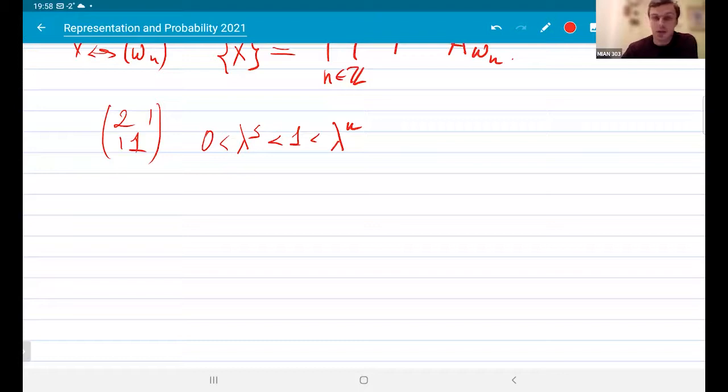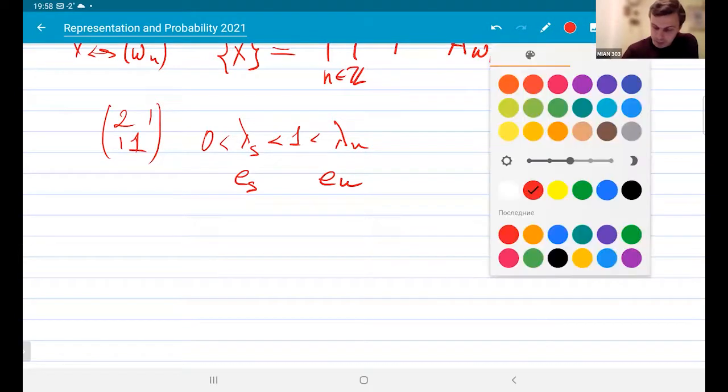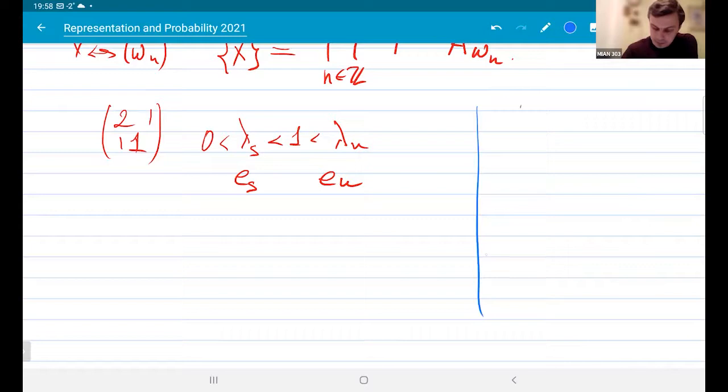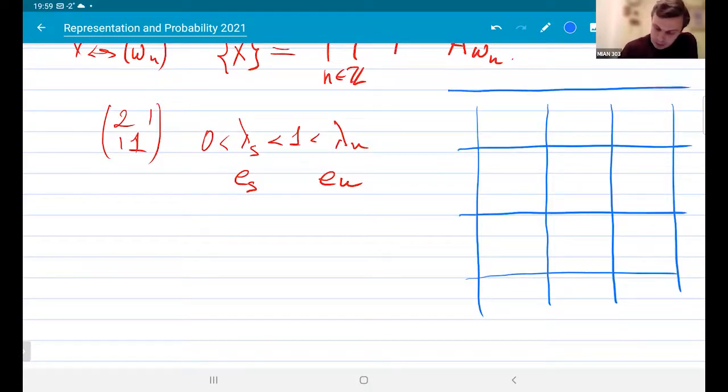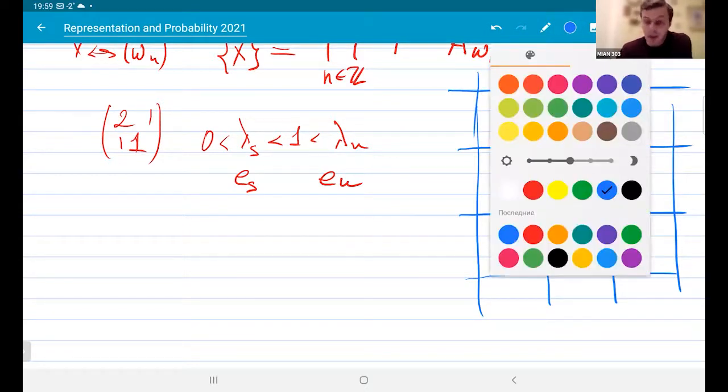I'll write them as lambda_S and lambda_U, with corresponding eigenvectors E_S and E_U.